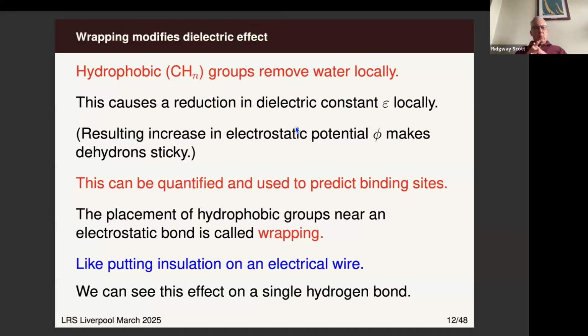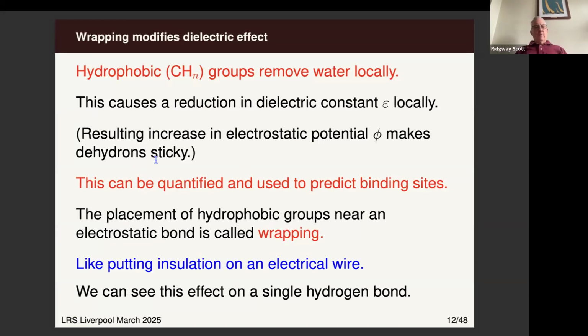Here's a little bit more of a quantitative explanation. We don't really have it properly quantified, but the idea is this: hydrophobic groups, typically CH, CH2, CH3 groups, CH4 for methane, remove water locally. This causes a change in the dielectric constant locally, and that makes the corresponding electric potential change and makes dehydrons actually sticky.